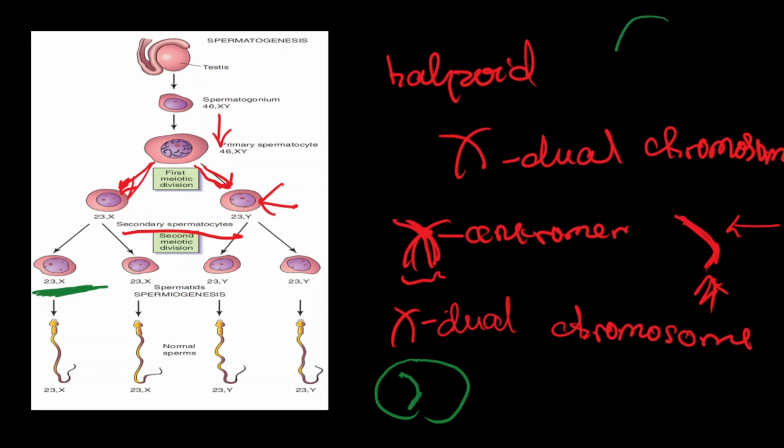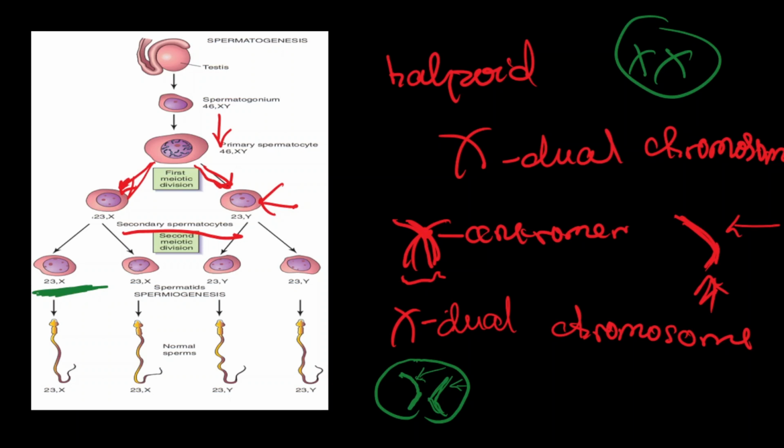Okay, so initially here we had something like this, and now at the spermatid level, what we have would be something like this. So we still have two chromosomes here, although we have one chromatid each, and here we have two chromosomes that are made of two sister chromatids. Okay, so at the spermatid level, this is what we have.